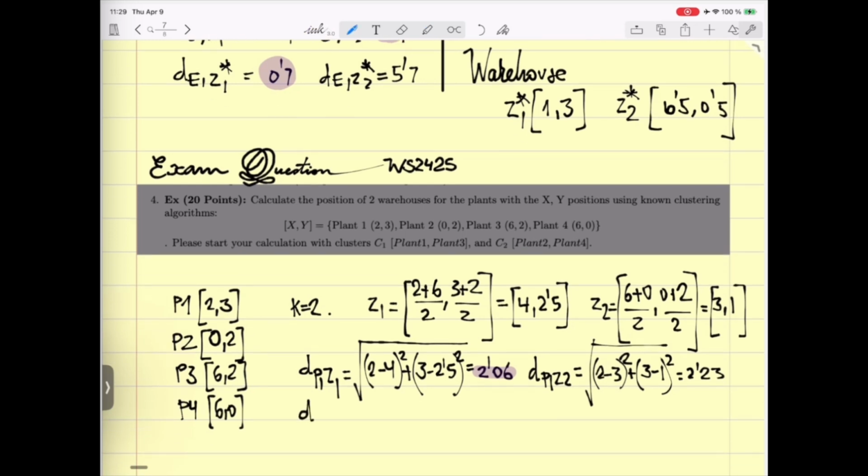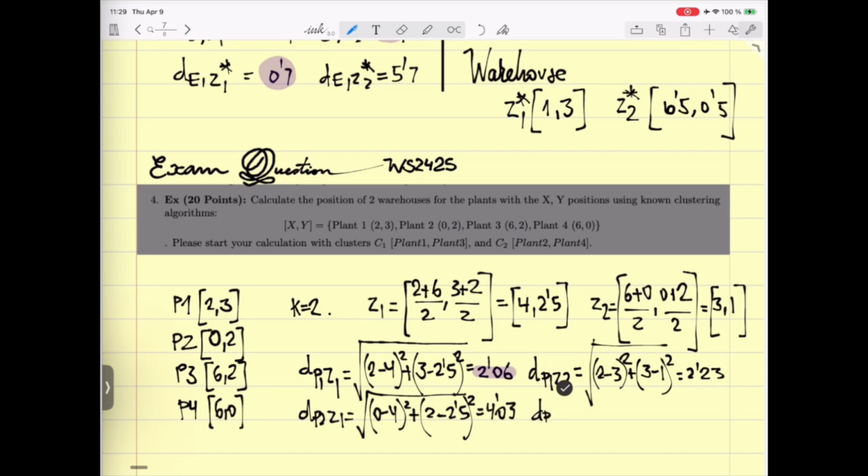If we do the same for the rest of the points, we get similar results. 0 minus 4 squared plus 2 minus 2.5 squared. This is 16 plus 0.25, square root. That's going to be 4.03.